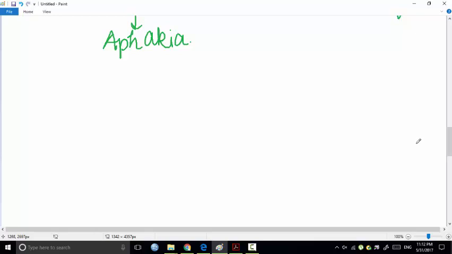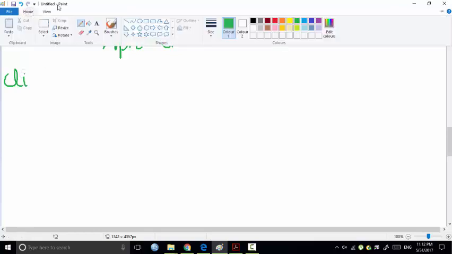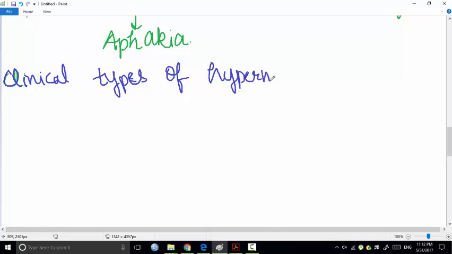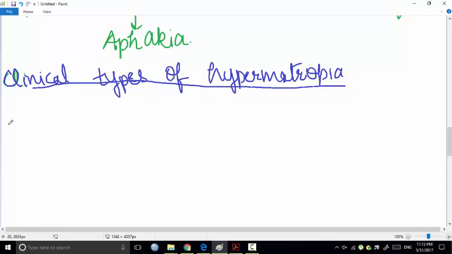What are the clinical types of hypermetropia? So let me take a new color here, that's probably blue. Clinical types of hypermetropia.